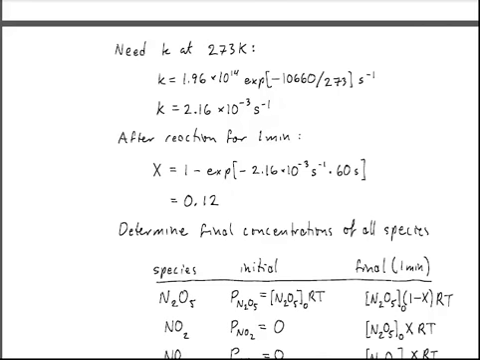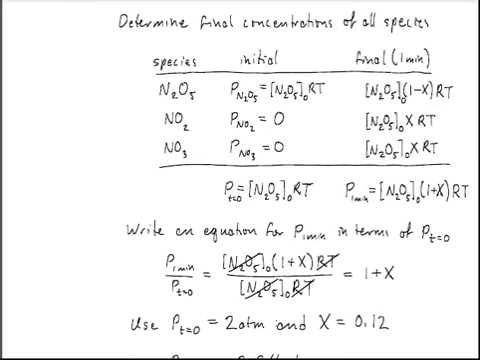We can now go back and use a stoichiometric table to compute the concentrations of all species at the final stages. So we have the initial concentrations: nitrogen pentoxide is some gas constant times temperature multiplied by the initial concentration, and NO2 and NO3 aren't present in the initial mixture.